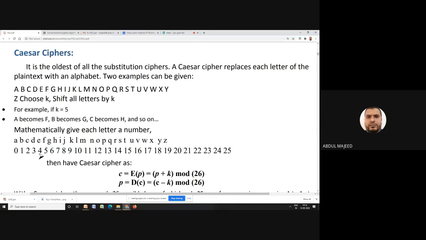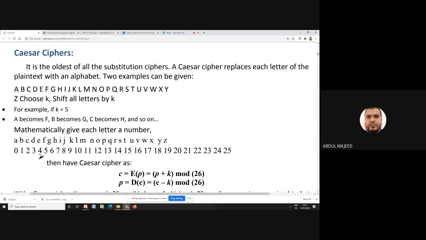Each letter of the plaintext will be replaced by another letter. Two examples are given here: A B C D E F G H, up to Z, capital letters. Then we need to select the key, that means the shift, of all letters by K. First you select K, it may be 4, 5, 6, 10, or 23, any K value.